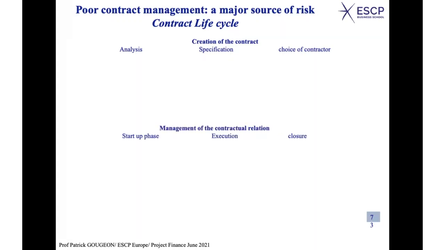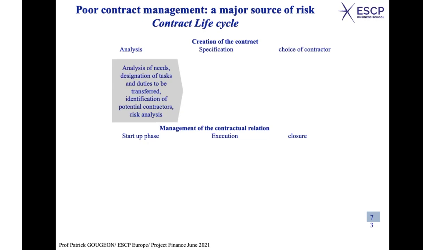Okay? So if you have a project, you have a project company, and you need to remember to outsource the risk, putting together all types of participants around the project company. Okay? So for each of the participants, for each contract you're going to sign, you need to know why you have this contract.